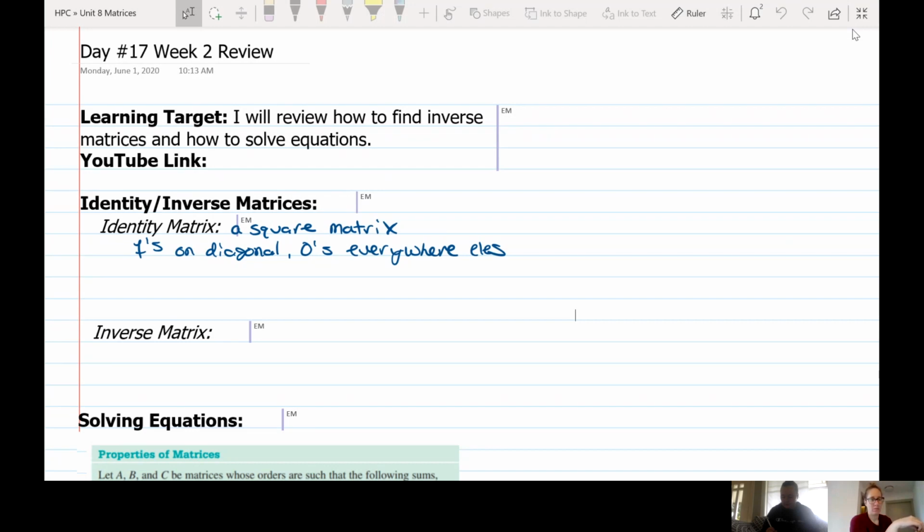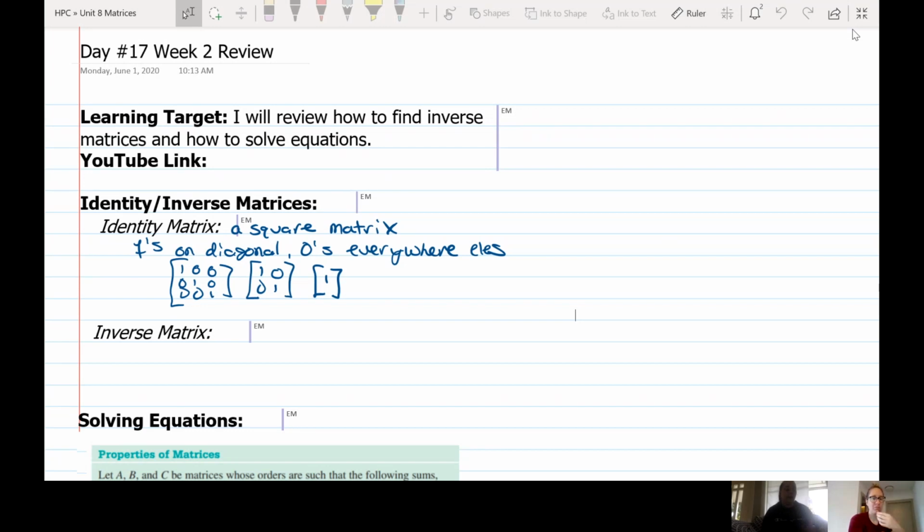If you have a 3x3 matrix, it will be 1, 0, 0, 0, 1, 0, and 0, 0, 1. If you have a 2x2, it'll be like this. And if you have a 1x1, it'll be like this. And that is your identity matrix.